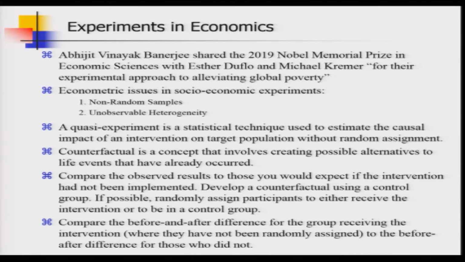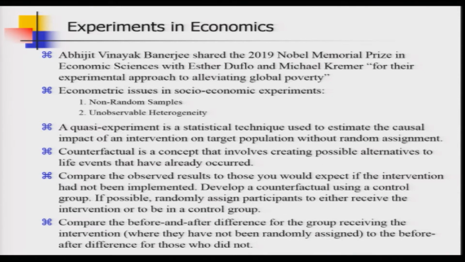If we cannot conduct a randomized control trial following statistical theory by assigning subjects randomly to either of these two groups, treatment and control, then we have to go for a quasi experiment. And what is a quasi experiment? It is a statistical technique that is used to estimate the causal impact of a program intervention on a target population without random assignment. That is the most important thing: even if we do not have random assignment, we have some way out, and that is what quasi experiment tells us.